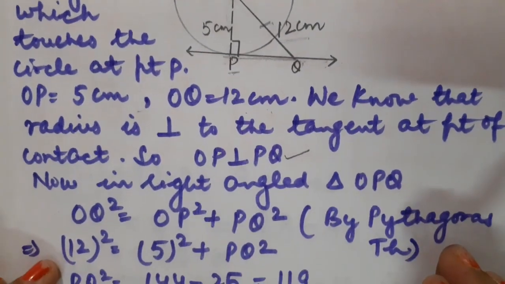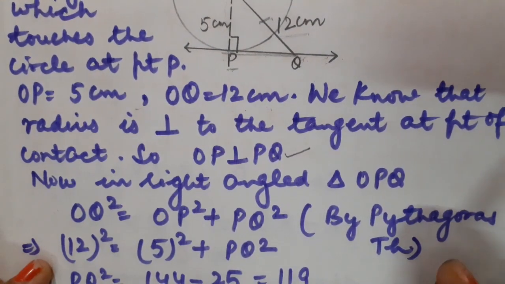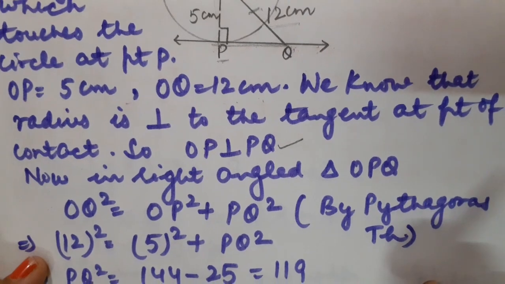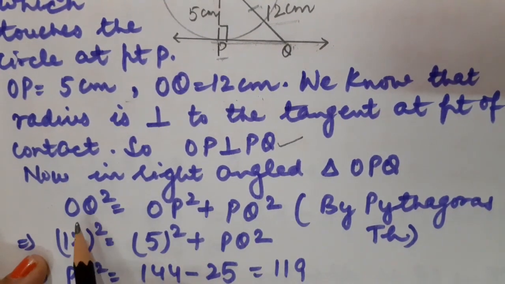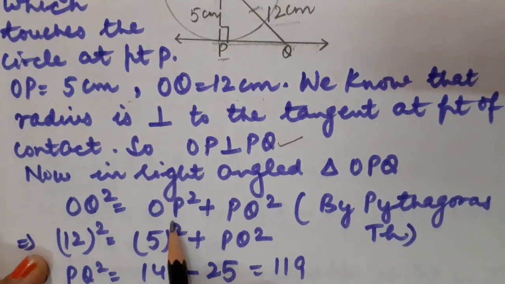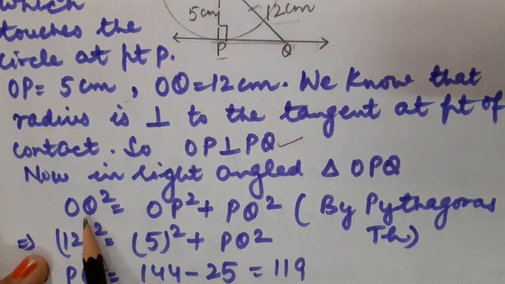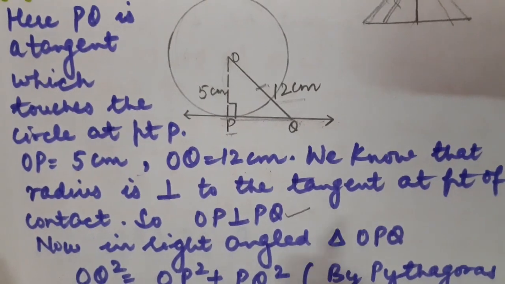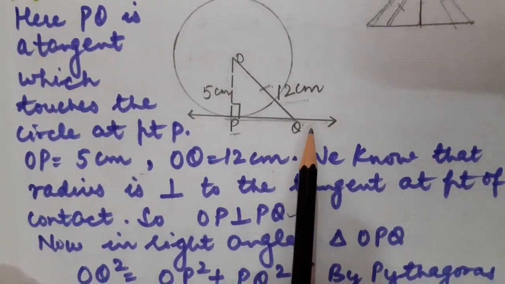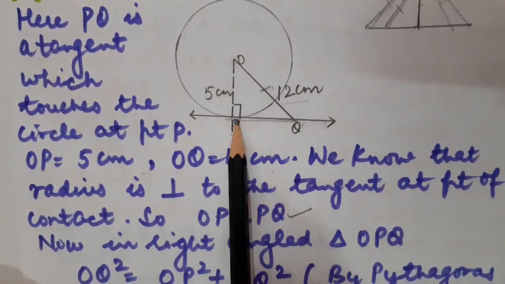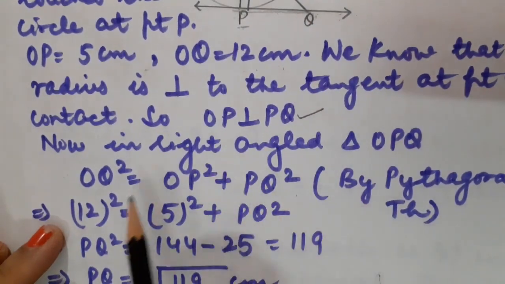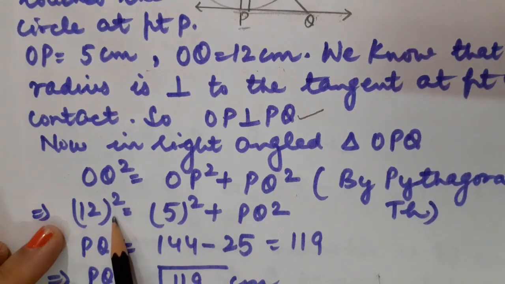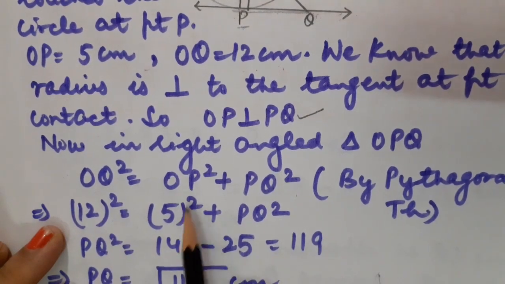Now in this right angled triangle OPQ, I am going to apply Pythagoras theorem. What does Pythagoras theorem say? Hypotenuse square is equal to perpendicular square plus base square. That is OQ square, OQ is the hypotenuse, you can see, and OP square, that is perpendicular square, and PQ square, that is base square. So OQ is 12, so 12 square is equal to OP is 5 square plus PQ square.